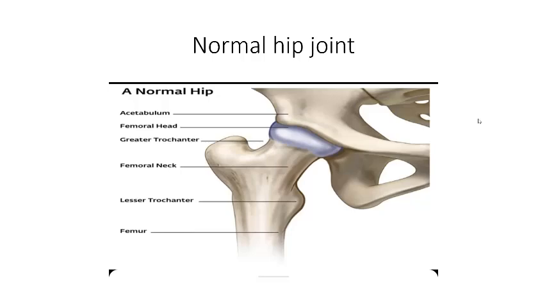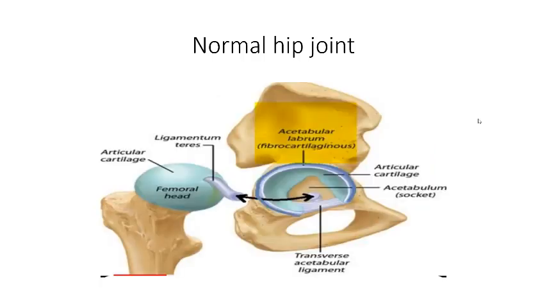The femoral head resides within the acetabulum. There are also some ligaments, some cartilages, and a capsule which form the hip joint. One ligament is called the transverse acetabular ligament.